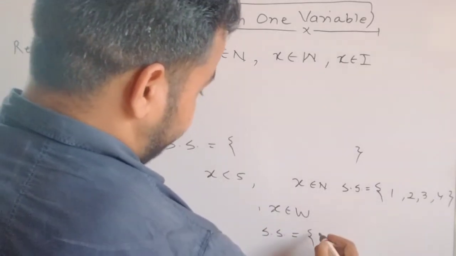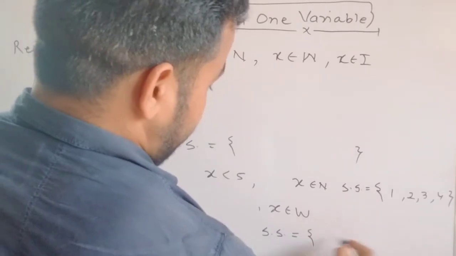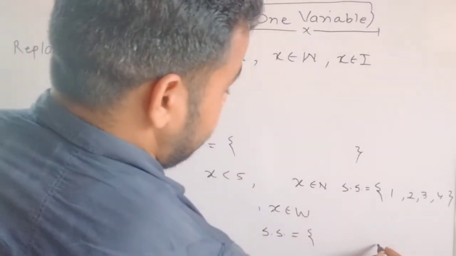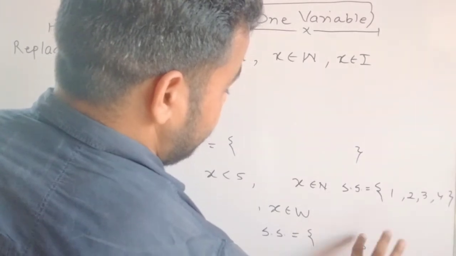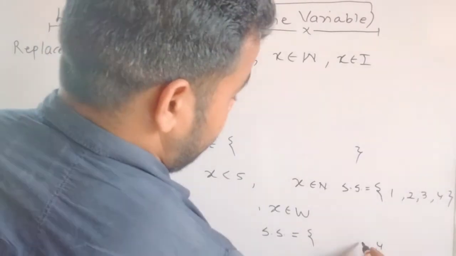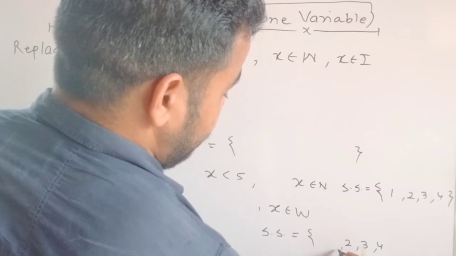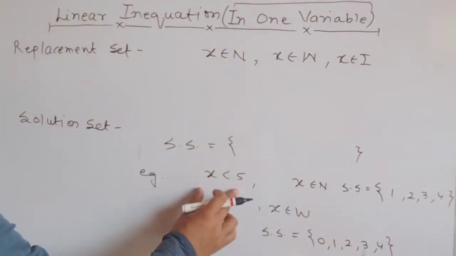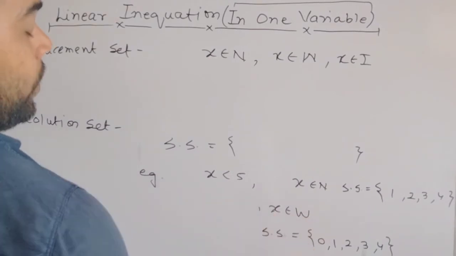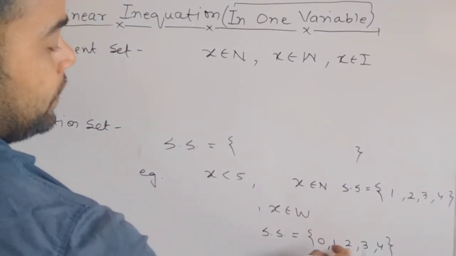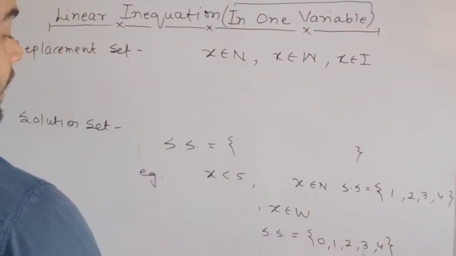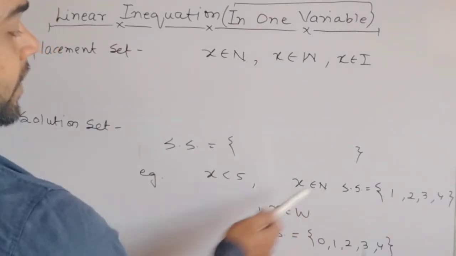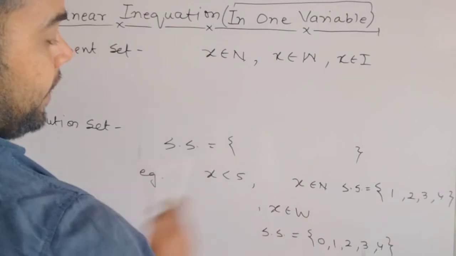So if x is less than 5 and x belongs to whole numbers, then the values will be 4, 3, 2, 1 and 0. According to this inequality, when the replacement set is whole numbers, the solution set will be 0, 1, 2, 3, 4. As we can see, for a different replacement set, the solution set may be different.